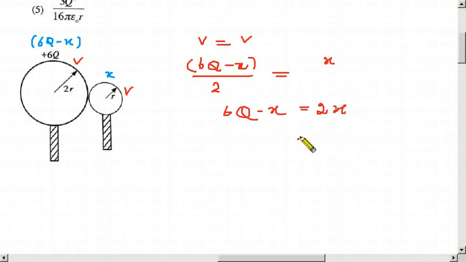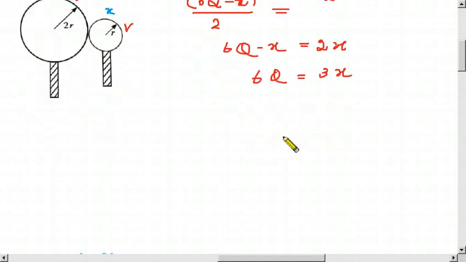So take this x to the right side, then 3x equals 6q, so x equals 2q.